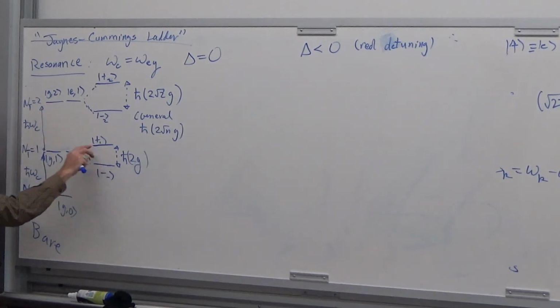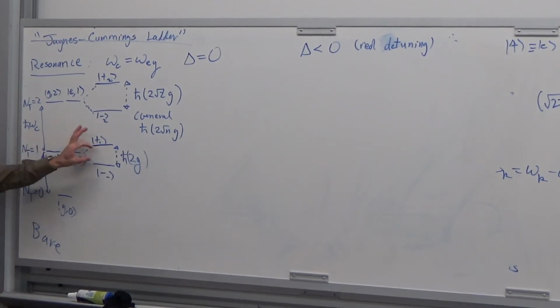But this is not to scale. In an optical case, this would be 10 to the 15 hertz, and this would be, I don't know, a megahertz. So these never get close to one another. And similarly, if I'm a microwave and I have some gigahertz, and this is some megahertz, there is a 1,000-fold separation here.